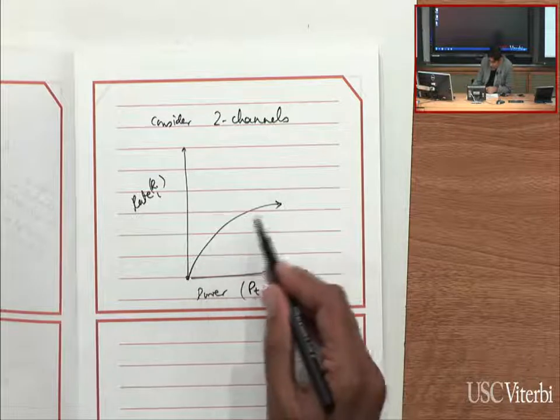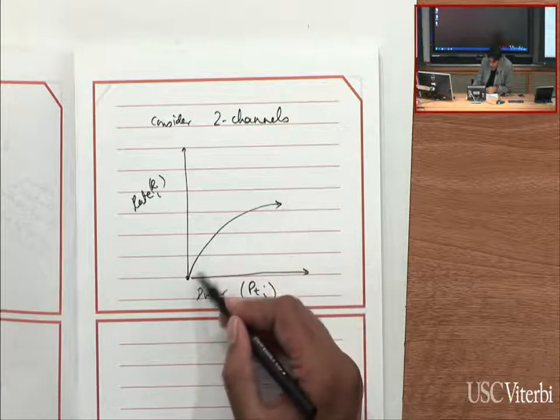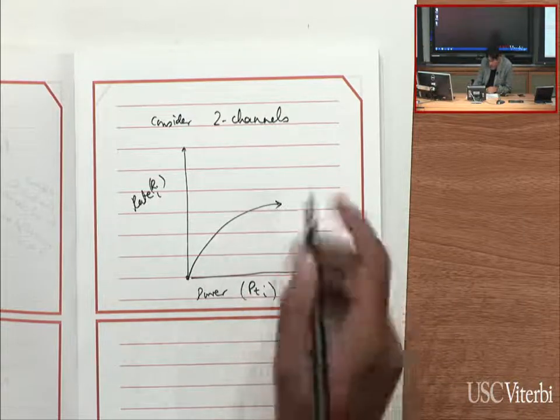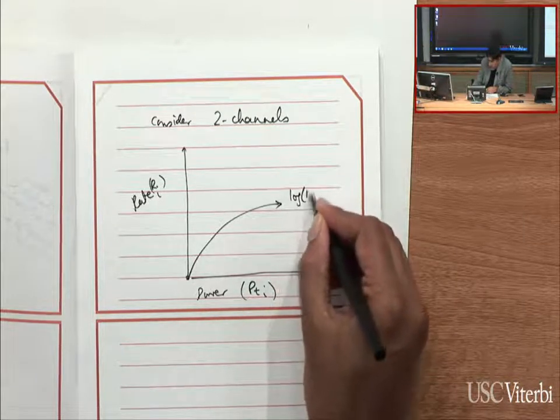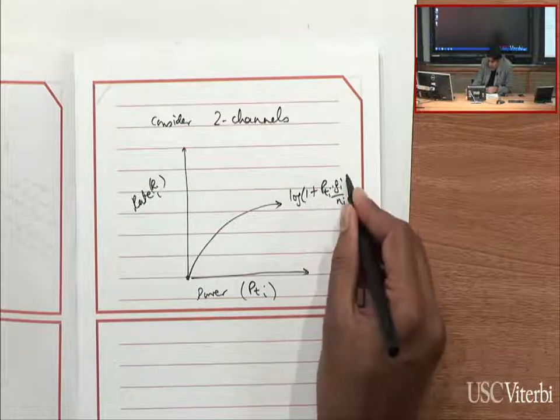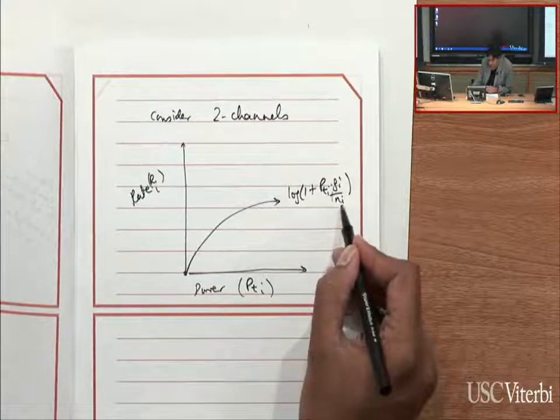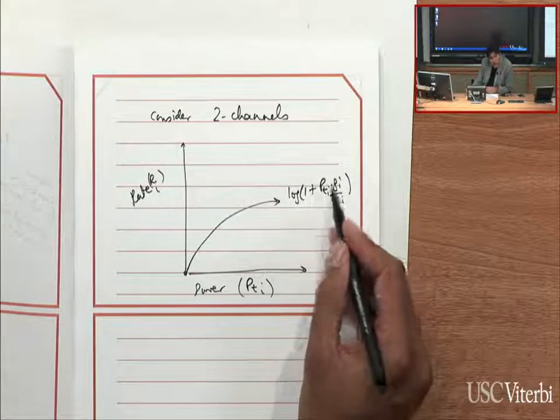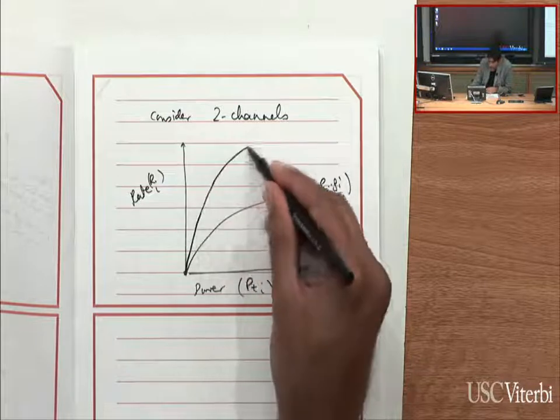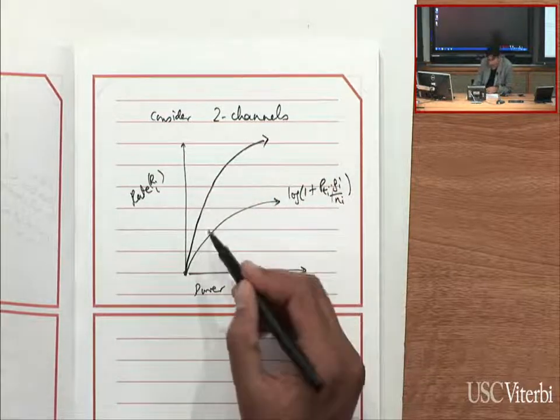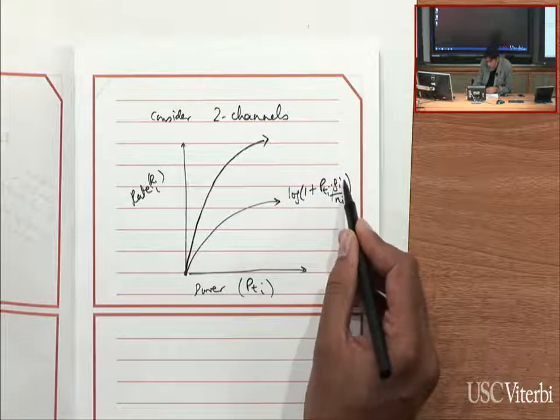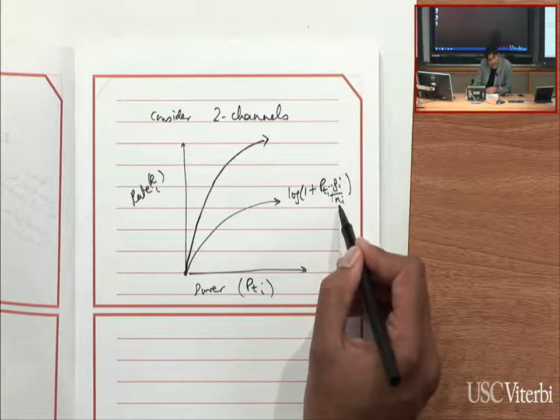Now, the shape of the curve, how quickly it rises, will be a function of that term. This curve is basically log of 1 plus PTI GI over NI. This term defines how good the channel is, and that affects how the curve looks. For a good channel, for the same power, I won't get such a big penalty.